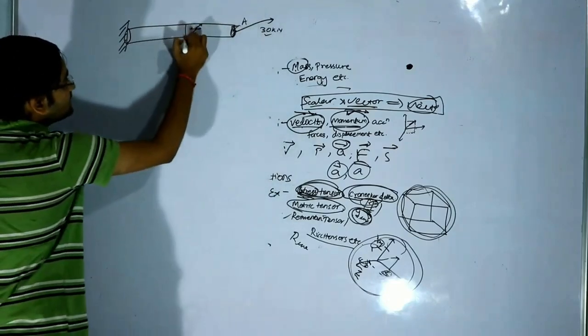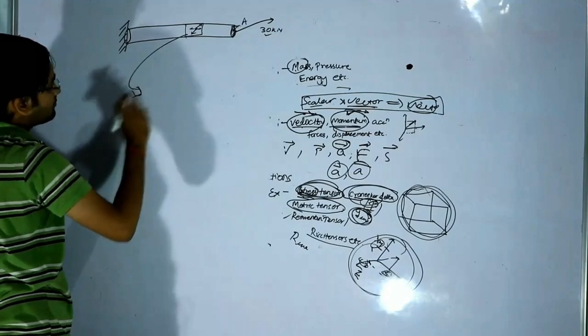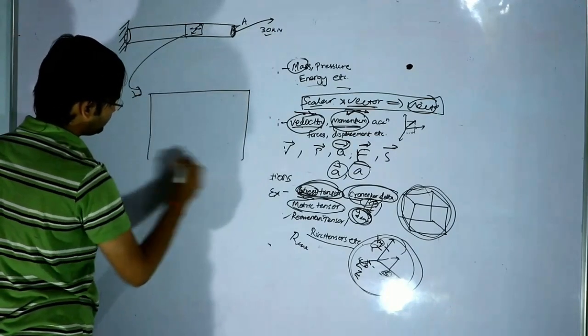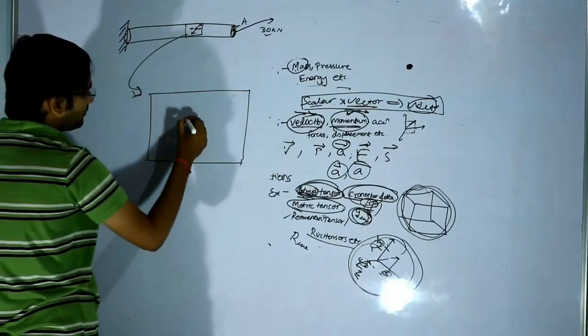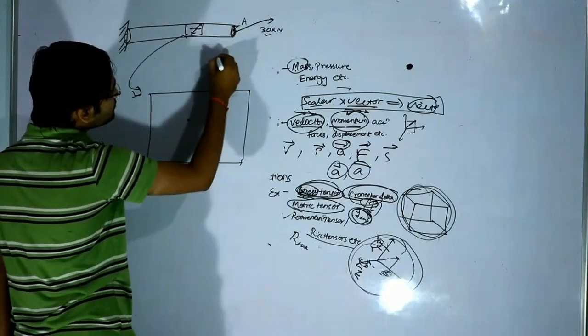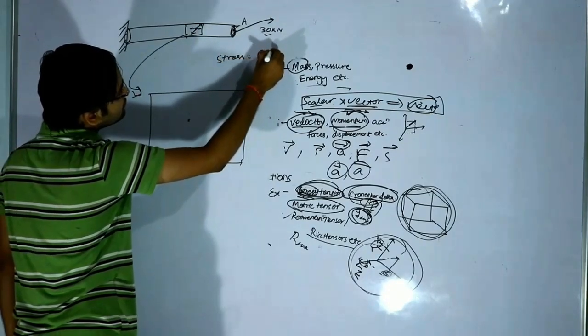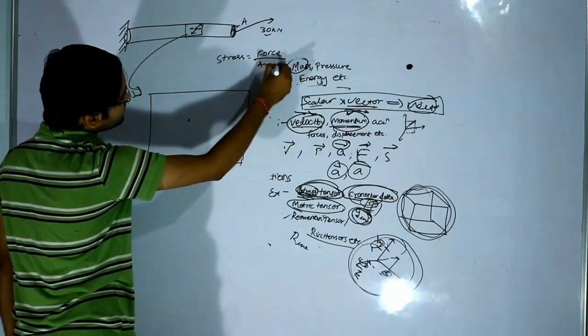So let's magnify this section. You can visualize the tensor a little bit, not perfectly. Suppose you have a beam like this, and I am interested in this point. So I can say stress equals force per area of cross section, or force per unit area.